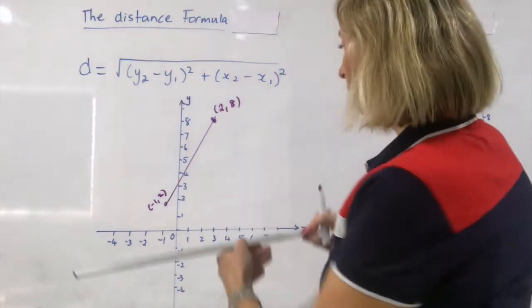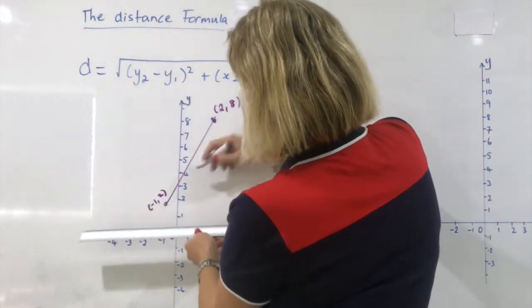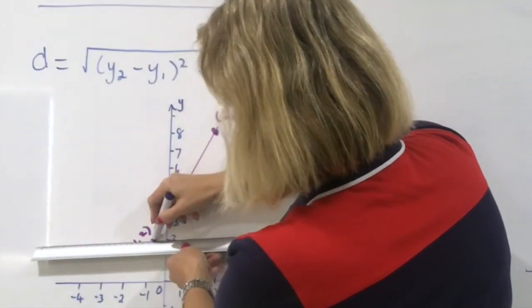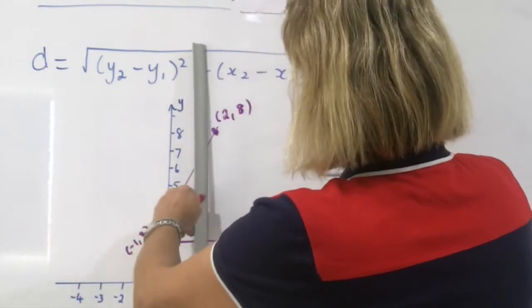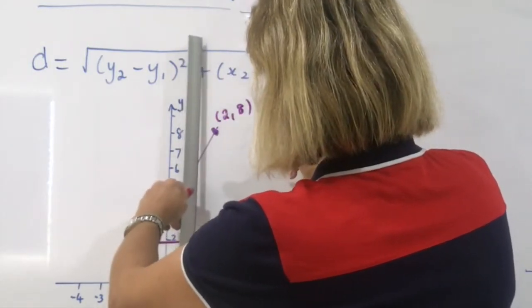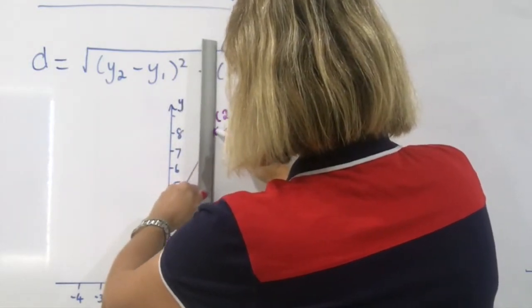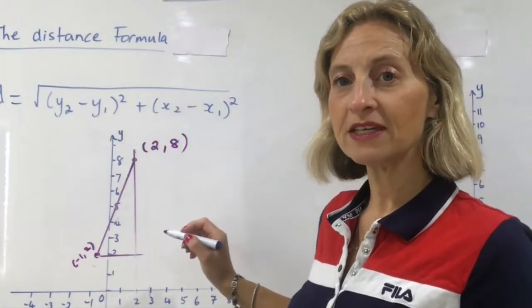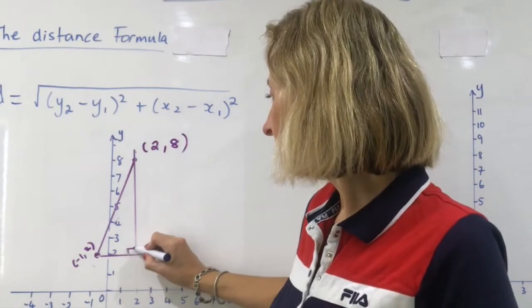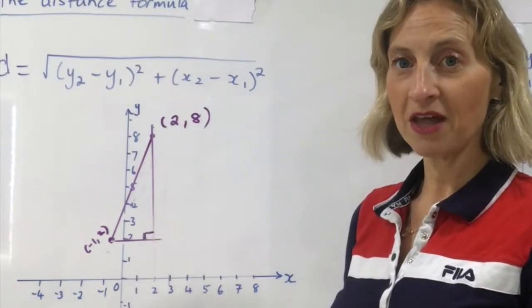So I'm going to draw a triangle here. I draw a horizontal line from this point, and I draw a vertical line from this point. And because we've drawn a horizontal and vertical line, we've actually created a right angled triangle. We know that we should be using Pythagoras.